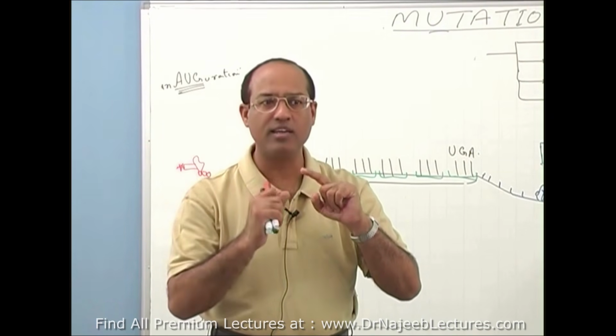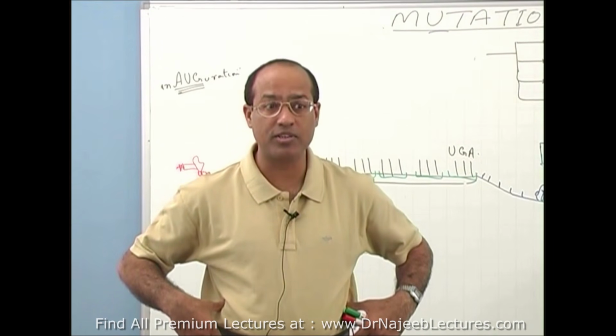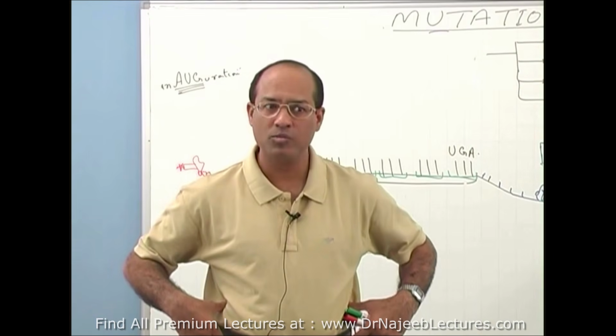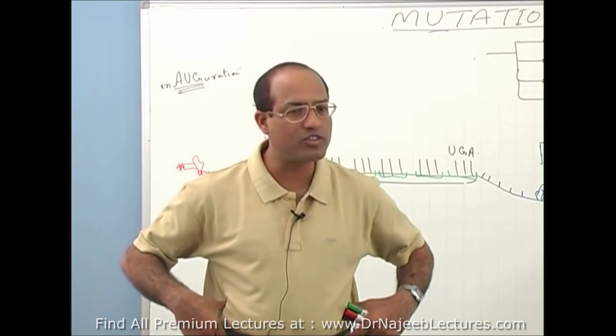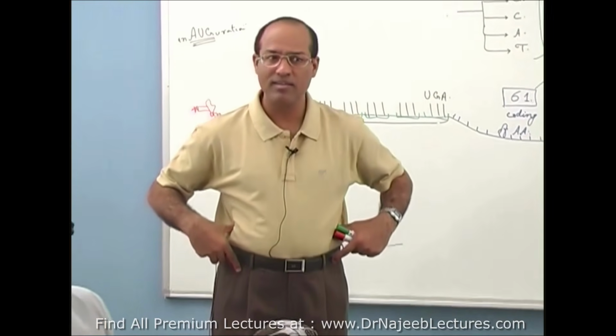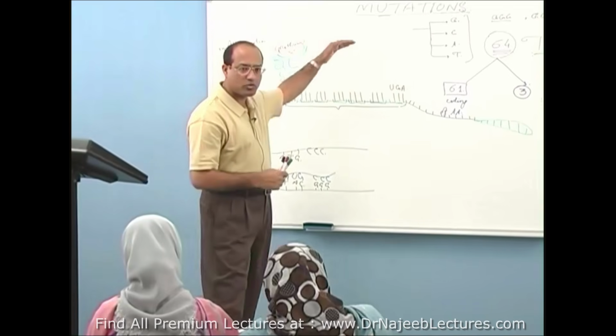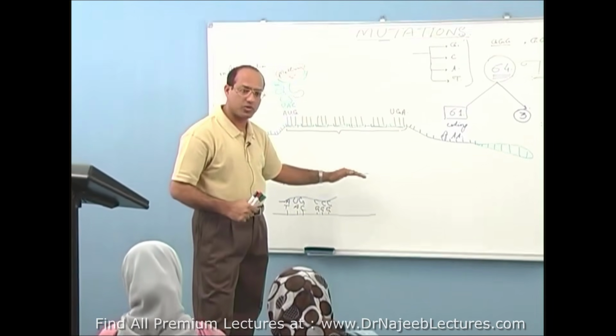So basically, all life, major functions, structure and function of the cell depends on protein, and protein synthesis depends on RNA, and RNA synthesis is coming from DNA. It means master plan is in DNA, from DNA to RNA, from RNA to proteins.